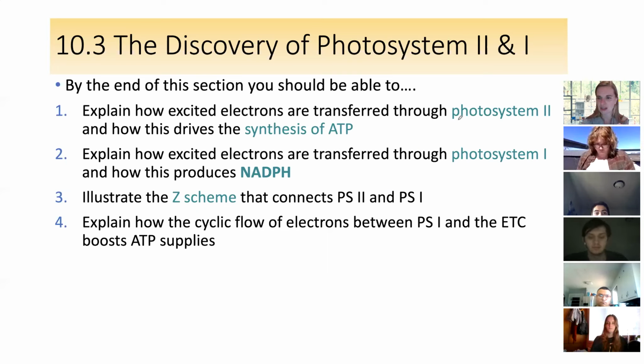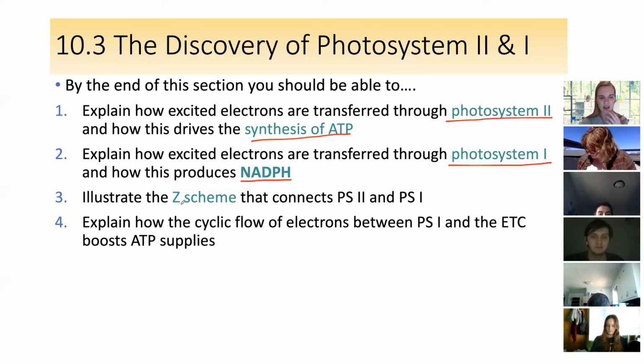So the first one is actually photosystem 2, and this is where we're going to actually make ATP. The second set of excited electrons are actually going to go through photosystem 1, and they're going to produce our little credit card, NADPH, okay, our little debit card there.